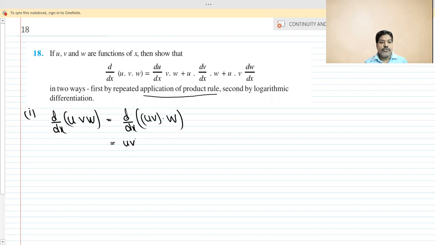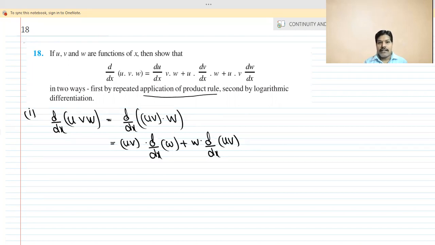That is uv, into the derivative of the second function, that is the derivative of w, plus w into the derivative of the first function, that is the derivative of uv. I have taken two as one function and the other as another function.